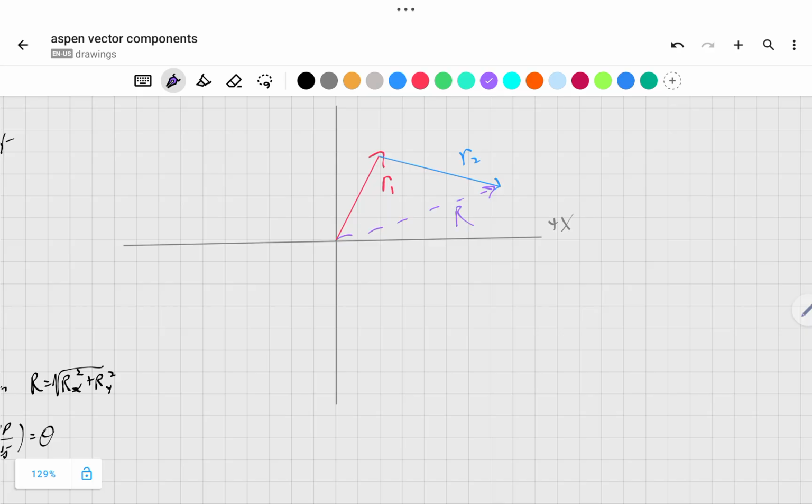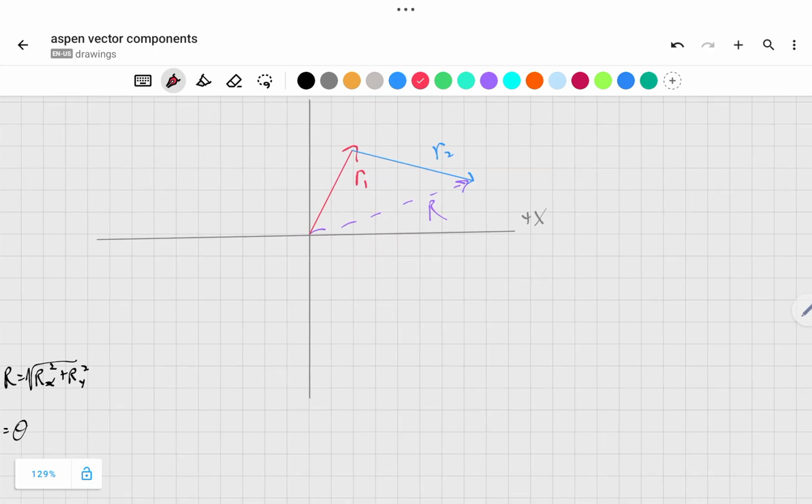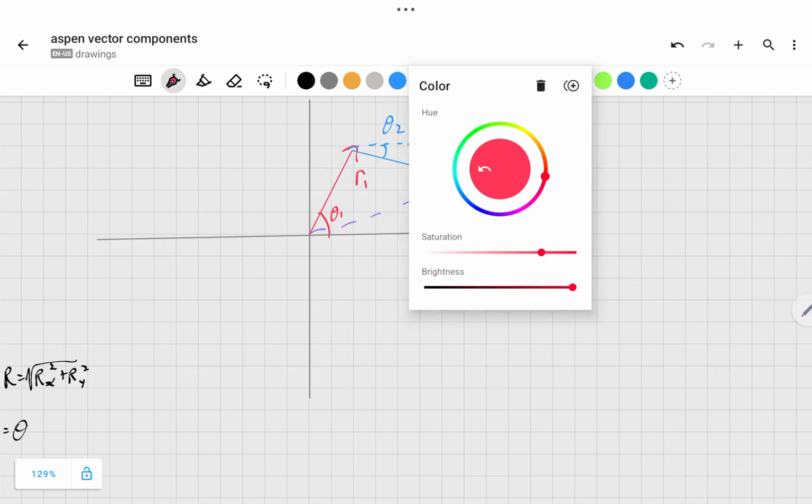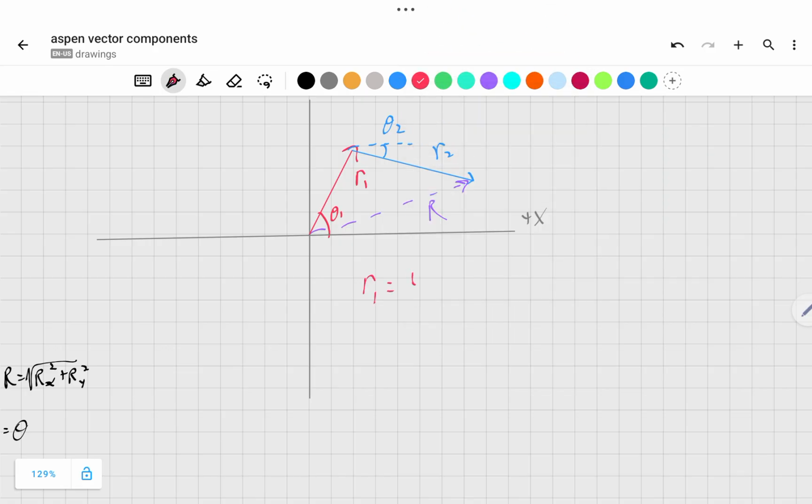Okay, I'm going to give you numbers for these vectors. So again, it's not going to be exactly what it looks like on the graph. That's just to give us some idea of what we're looking at. So this will be theta 1, and then this will be theta 2. Okay, so we'll have both of these angles from the x-axis, but one's above it, one's below it. Okay, so let's say that R1 is 4 miles, and theta 1 is 70 degrees.